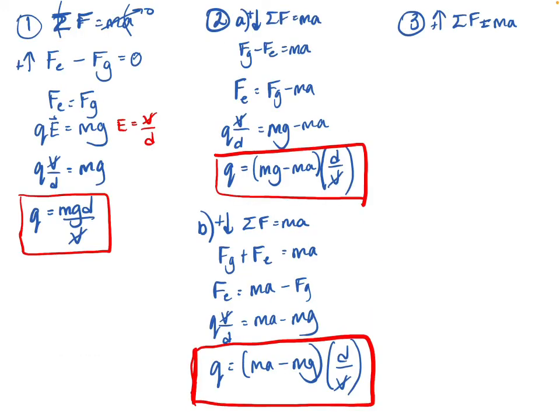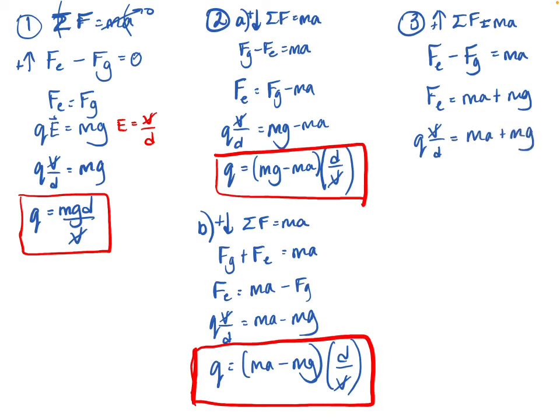Okay, in this case, upwards force is electric force, so Fe, and then I subtract Fg because, of course, that's downwards, and that should equal mass times acceleration. Okay, solve for Fe, and that's Ma plus Mg, or Fg, or whatever you want to say. We know electric force is Q times the voltage divided by the distance between plates.